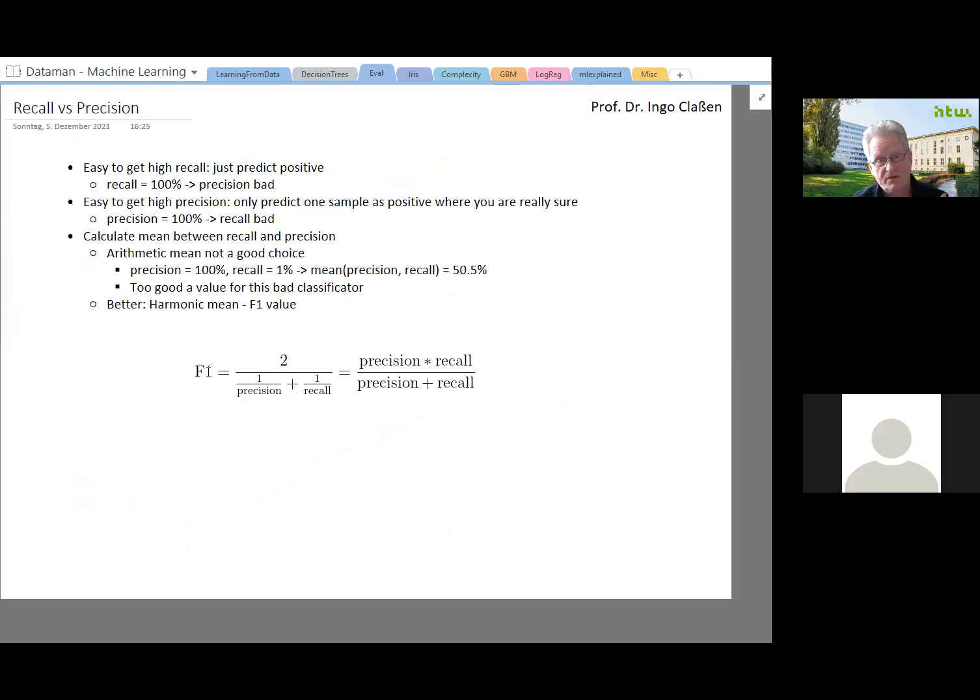So now we have accuracy, we have recall, and we have precision, and we have F1 as usually something that is reported by a classifier.